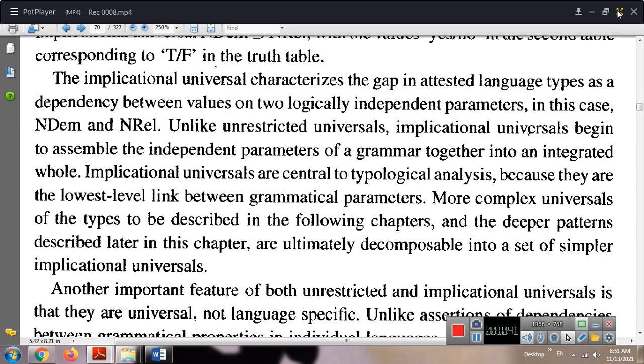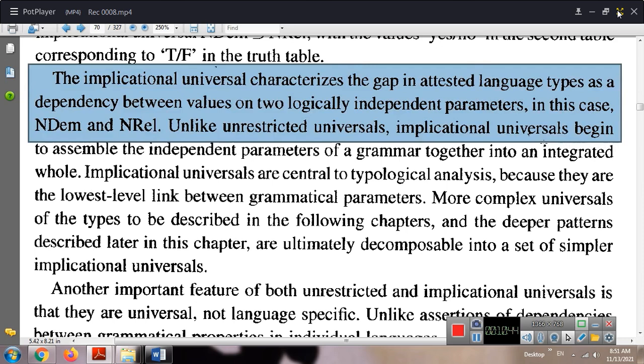Dear student, here again we define the implicational universal as a whole. Please summarize this for your task, and you should know that. I want to repeat it again because it is important. The implicational universal characterizes the gap in attested language types as a dependency between values on two logically independent parameters, which here are noun demonstrative and noun relative clause.